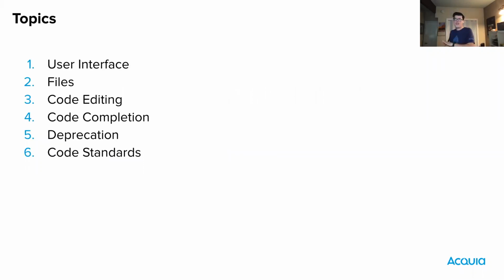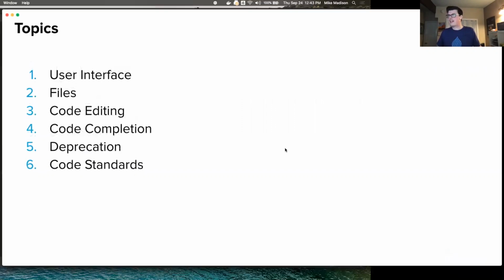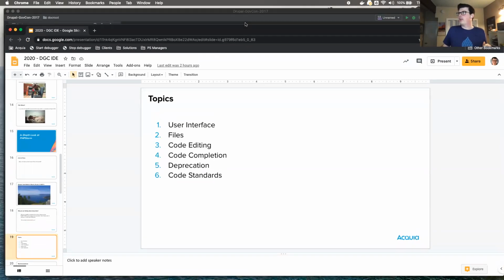So here are some topics that we're going to look at as we jump into this demo of PHP Storm. And again, most of what I'm going to be showing you would apply to any IDE. It's going to be a little different perhaps in Eclipse than it would be in PHP Storm, but all of these things are a thing. So with that, let me switch over and we'll get started.